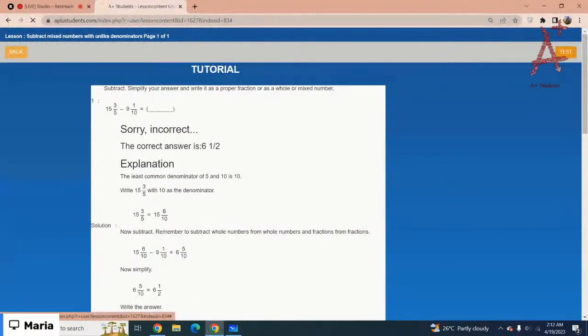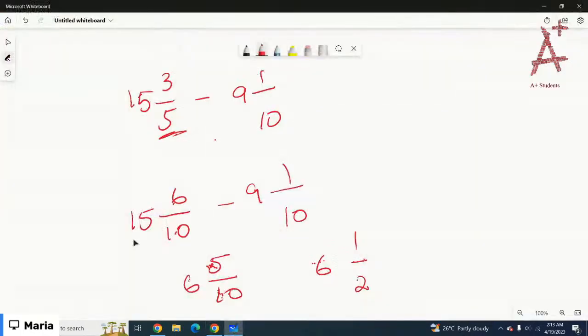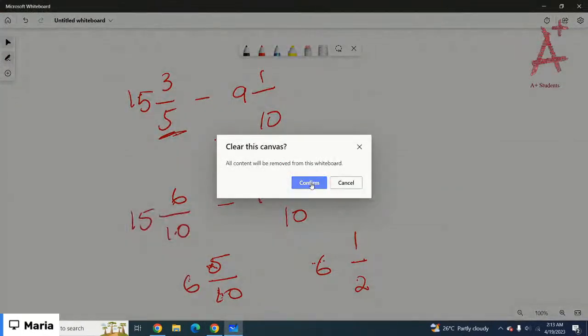Okay, let's just start with the test questions. The first one is: subtract 12 whole 1 over 2 minus 11 whole 1 over 6.